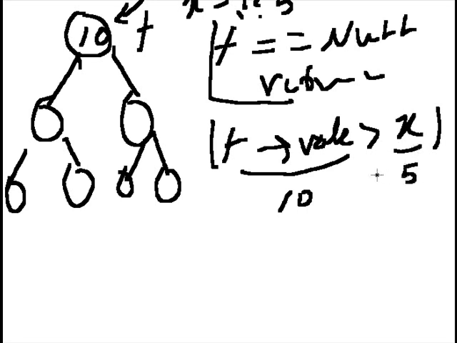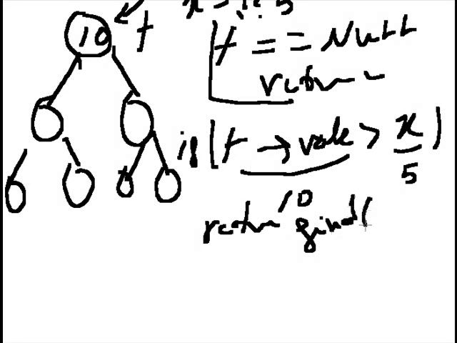Do I go to the left or to the right? You tell me. If I have this condition, then I have to go to the left, because x is less than. So return the function, suppose it is find, and I'm sending x and t slash left.